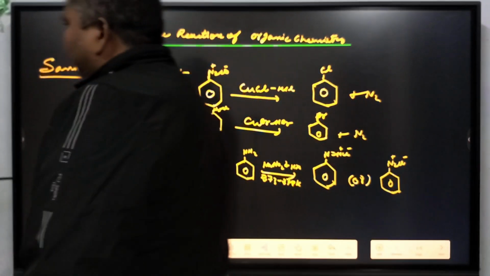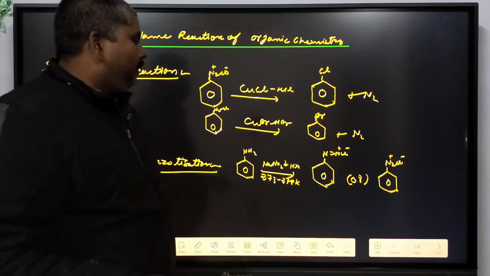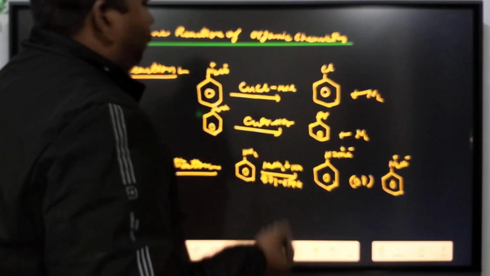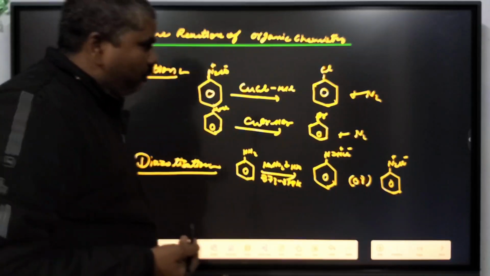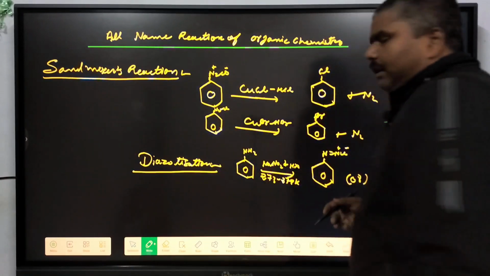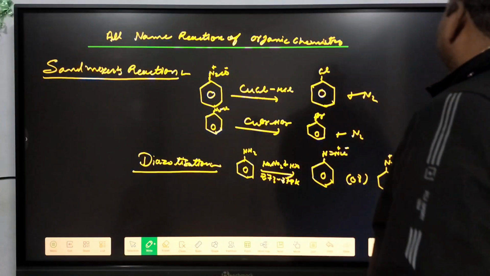Chlorobenzene or bromobenzene. The iodobenzene is prepared directly by replacing with potassium iodide on the diazonium salt. They do not need cuprous iodide.